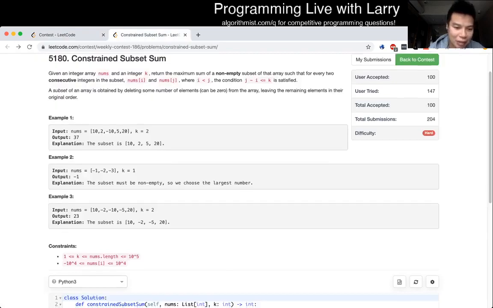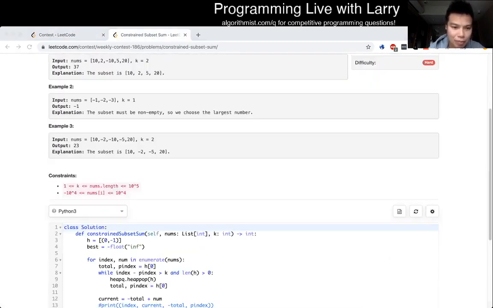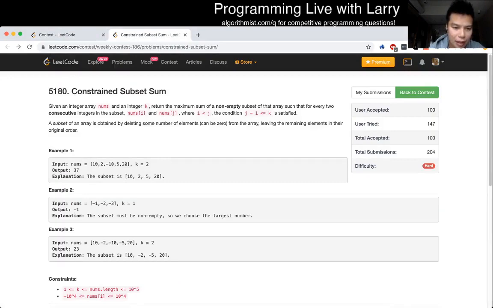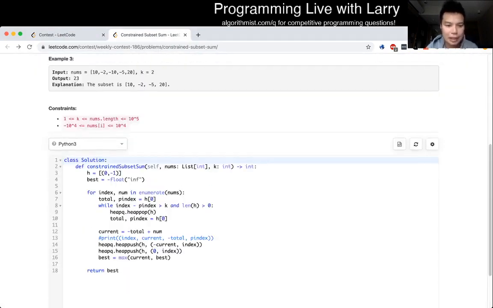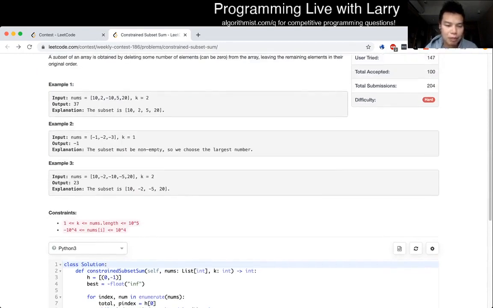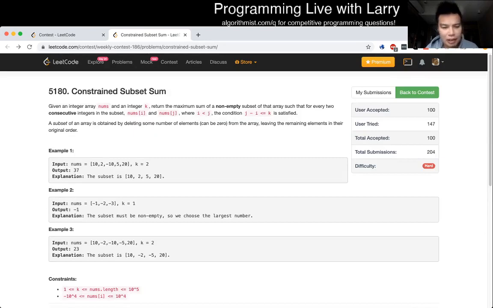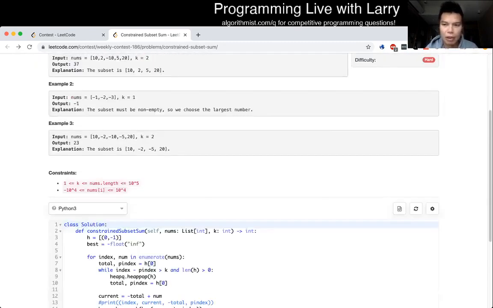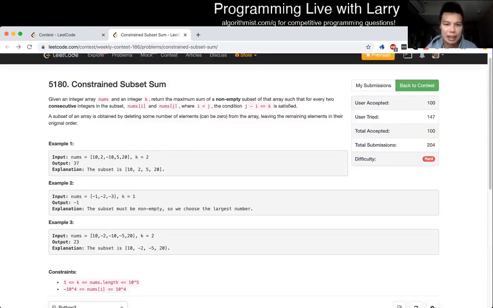Still 3 minutes. But the idea here is actually a sort of rolling window, or sliding window, even though it's not intuitive. I was thinking a little bit about the ways to go about the sliding window, but the idea is that you keep track of the sum of all the previous k cases.